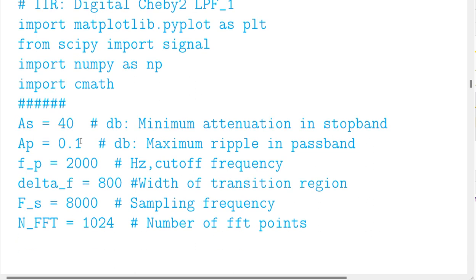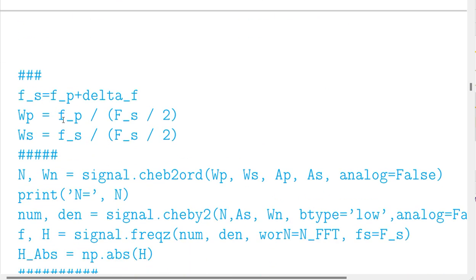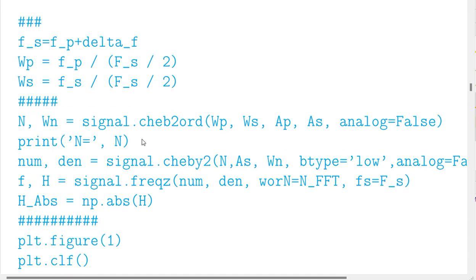Okay, declaration 40, 0.1, 2000, 800, 8K, and FS, WP, WS, this time Cheb2ord. And the same parameters appearing for the syntax, and for design Chebyshev 2.